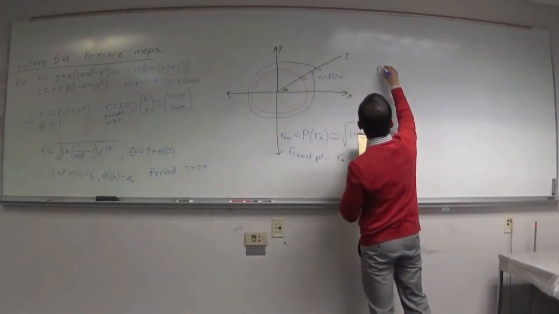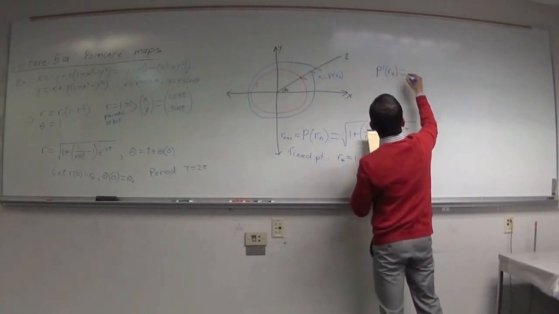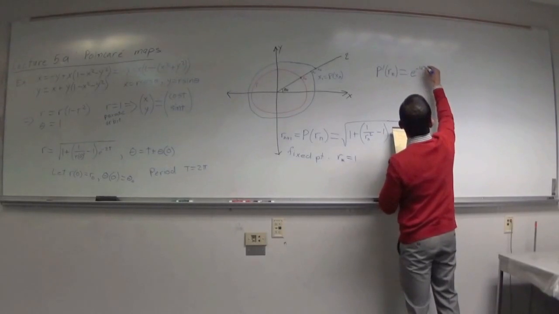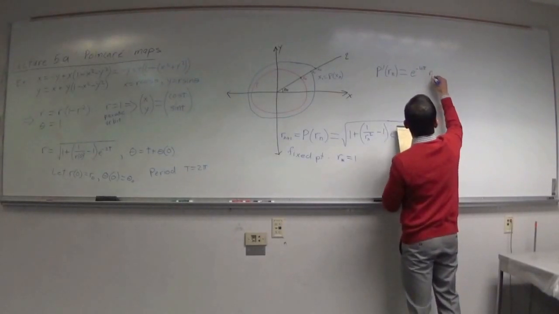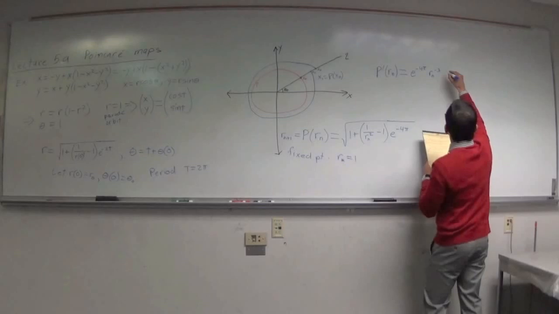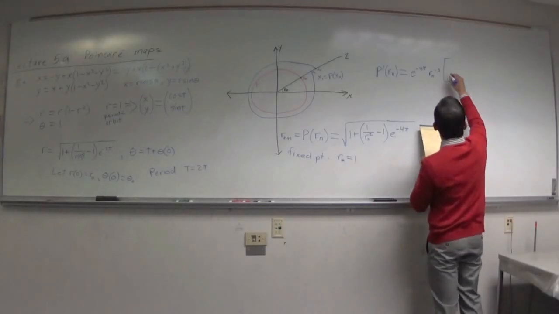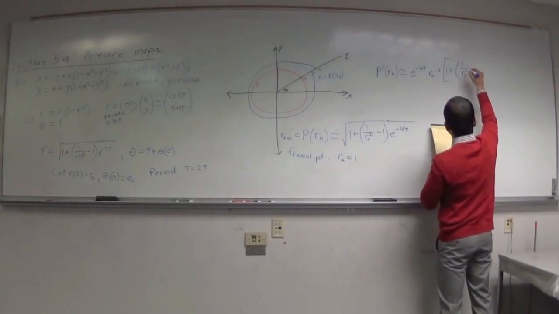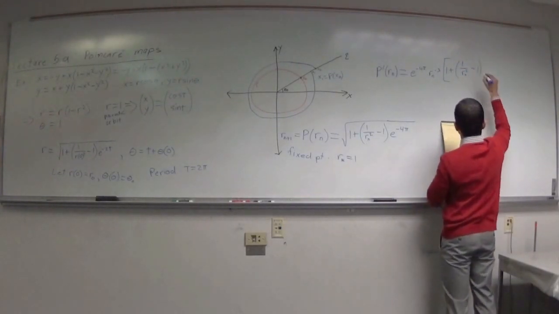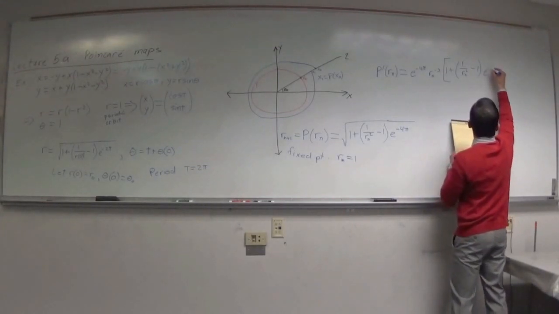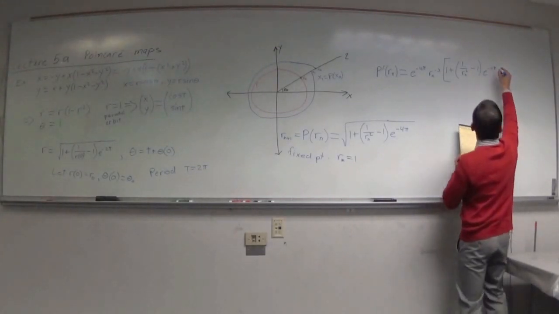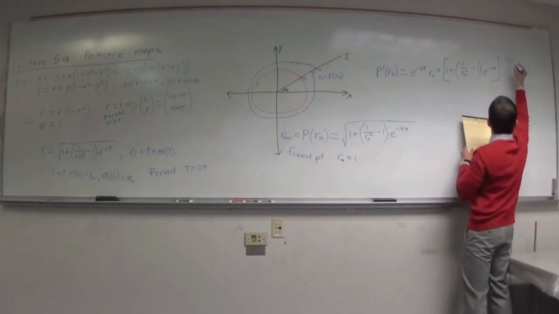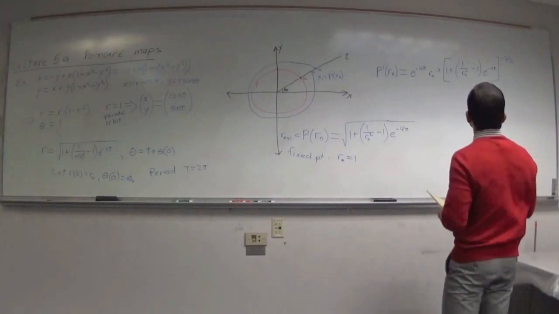So this is p prime of Rn, which is going to equal e to the negative 4 pi Rn to the negative 3 times 1 plus 1 over Rn squared minus 1 e to the negative 4 pi to the negative 3 over 2. So we have that as our derivative.